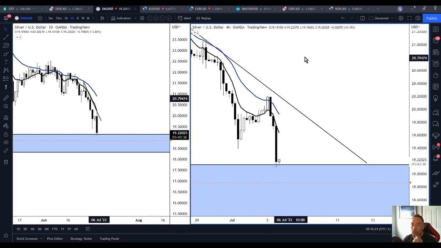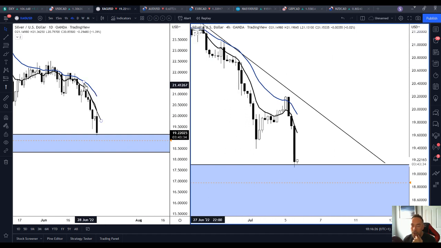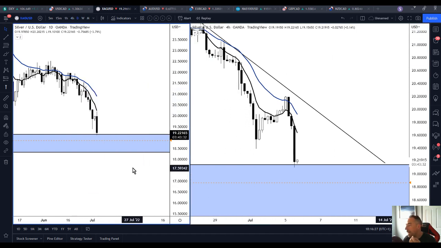So that is what I would call a high probability setup. And when I saw it setting up, well, I was waiting for it anyway because of what we sent out in the watch list. But when it set up, boom, straight on it. That trade setup was sent out to all the guys. I think I actually sent it out just before the candle closed, just so they were ready to go.